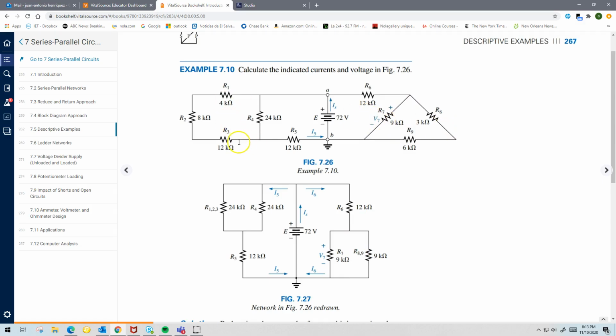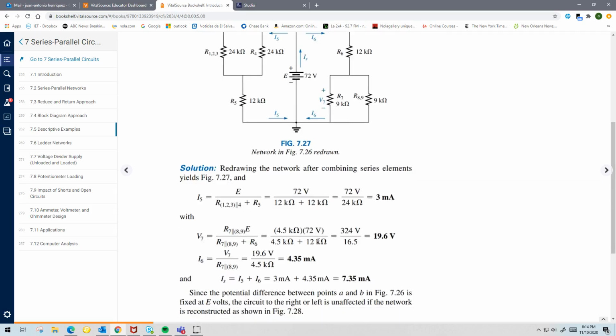And on this left-hand side, the same thing. These resistors are in series. So they added those three resistors and you get a 24. So that 24 will be in parallel with this other 24. And see how easy it is now, because you've got a 9 and a 9, a 24 and a 24. And really, it becomes a simpler circuit.